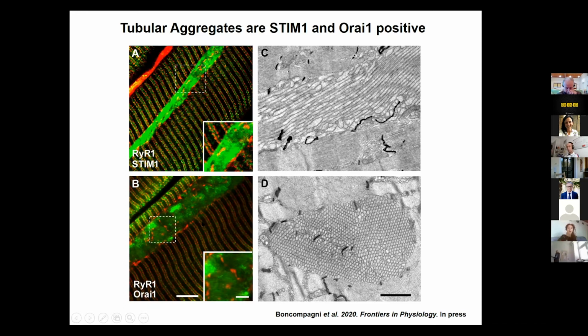The only difference that you can see if you compare these two enlargements is that while the staining of STIM1 is very dense and quite uniform, the staining pattern of Orai1 is more variable and kind of patchy.